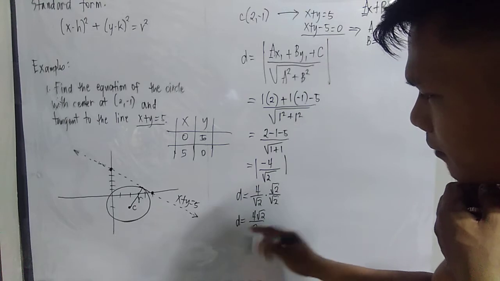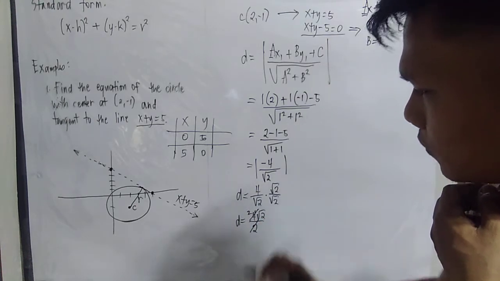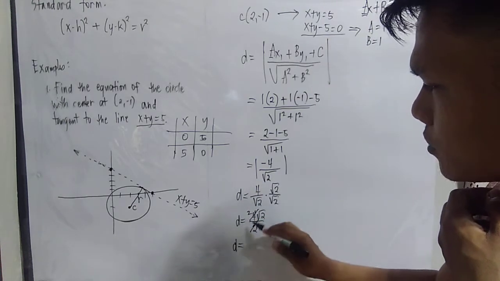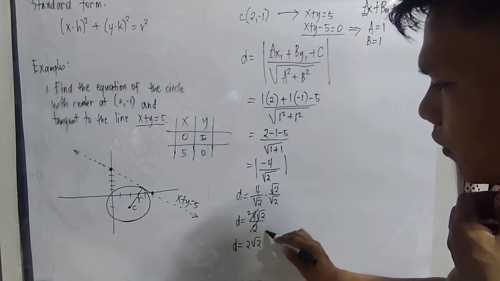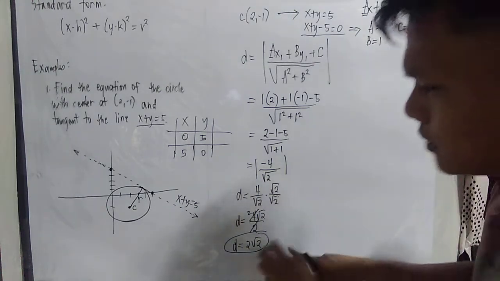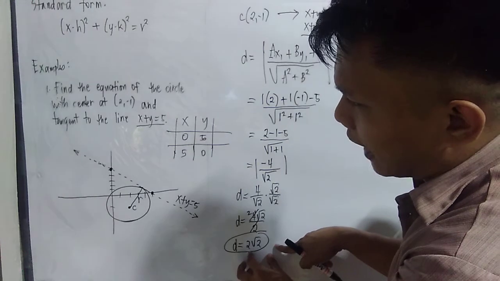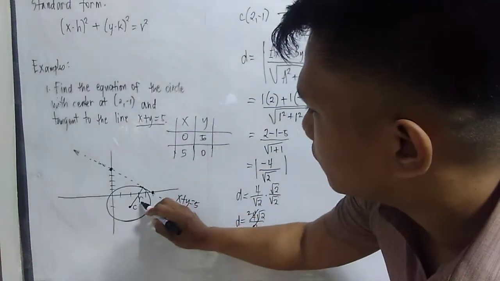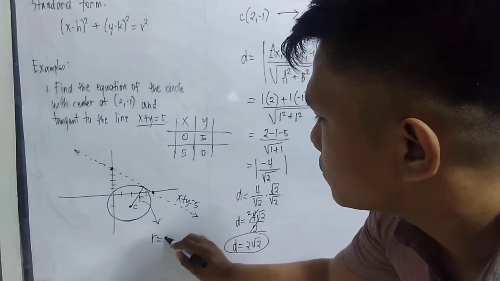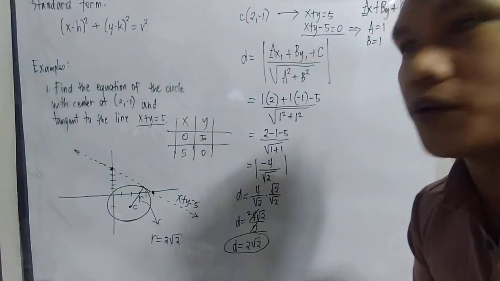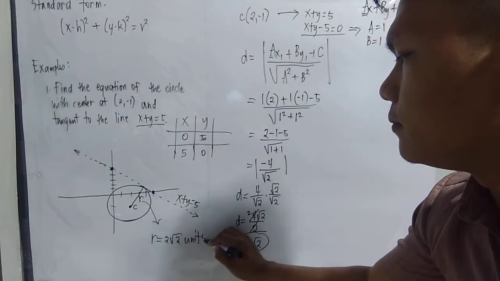And then 4 divided by 2, we can cancel this. That will be 2. So the distance will be 2 square root of 2. Actually, we refer to this as the radius. That is 2 square root of 2 units.